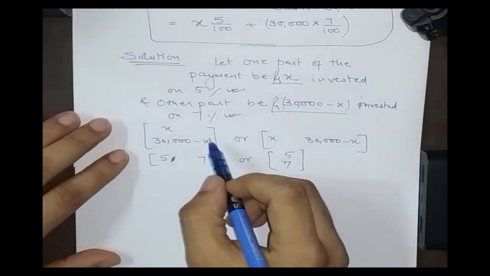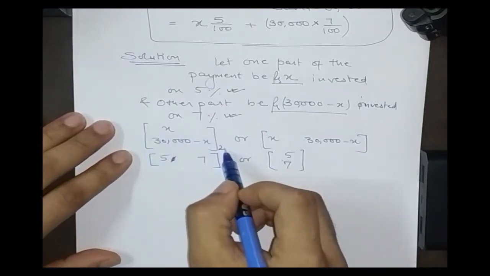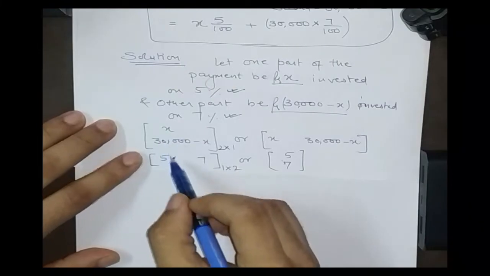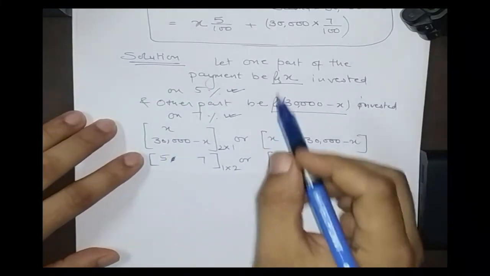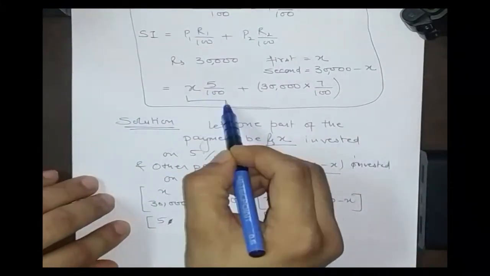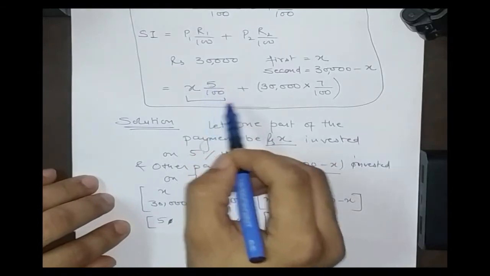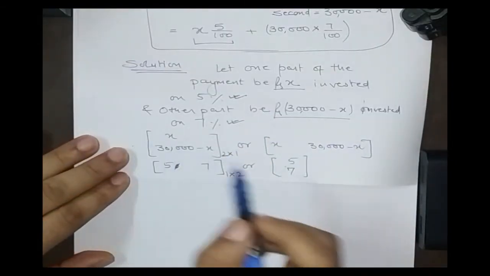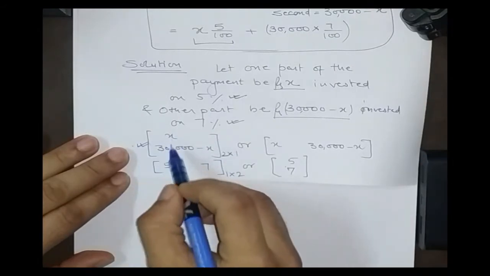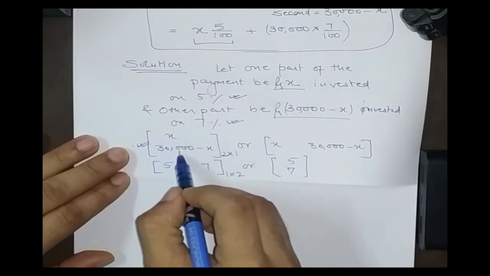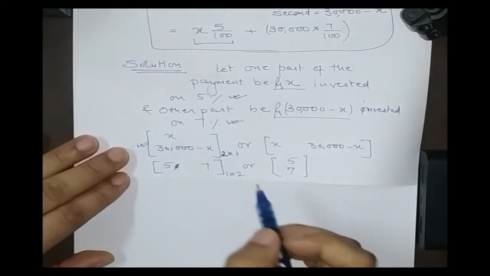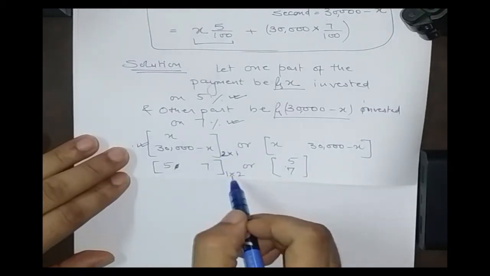I'm writing this as 2 into 1 and this as 1 into 2. We can take those two things because we have to multiply the principal amount and the rate of interest. So I have written X and 30,000 minus X as a 2 into 1 order matrix, and this is a 1 into 2 matrix.